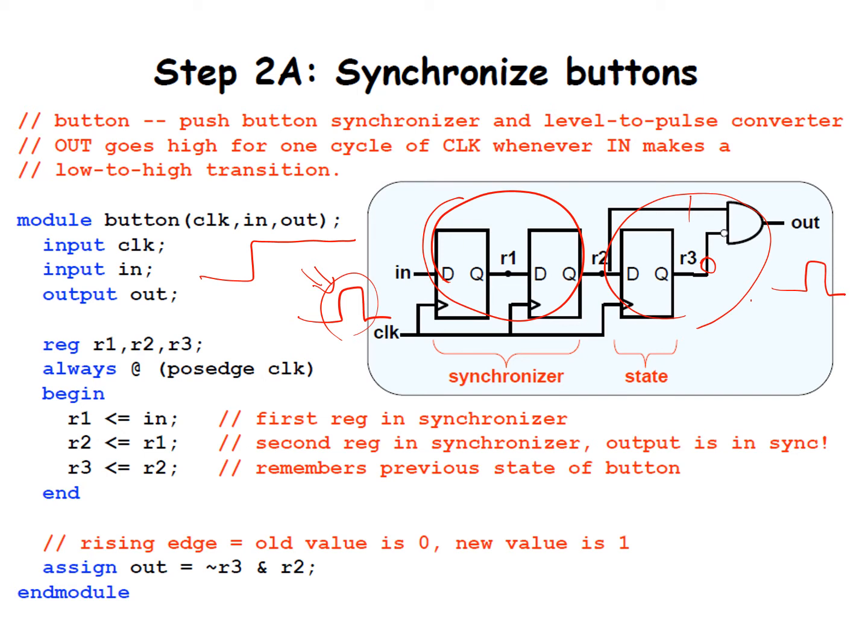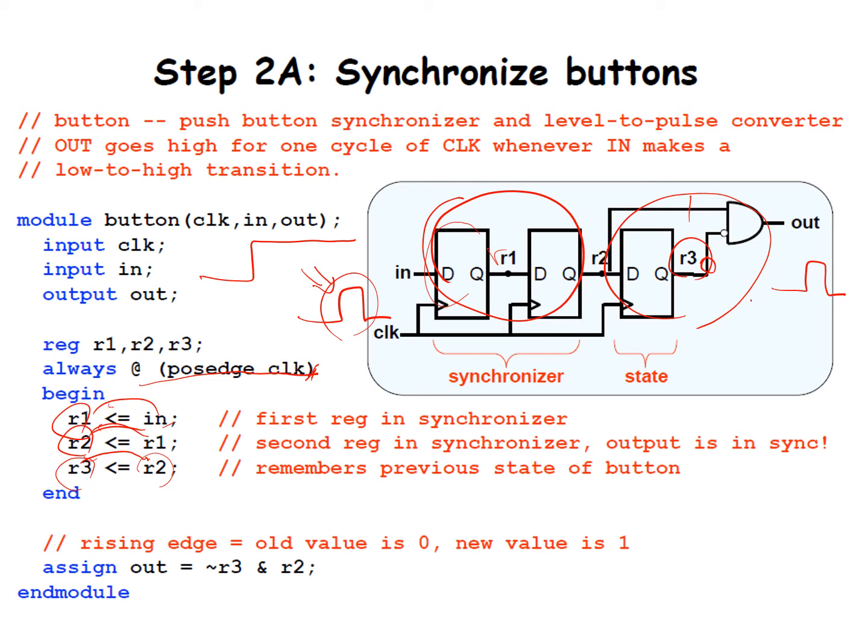Okay, so for this button, describing the R1 and R2 flip-flops, we have a flip-flop definition here, R1 and R2, feeding 1 and 2, R1, R2 goes there. For R3, we also receive R2 and it goes to R3, right?